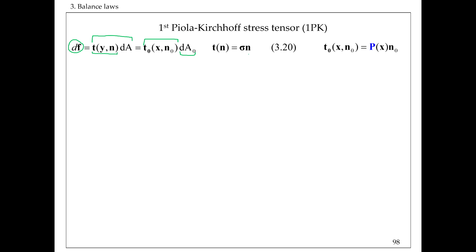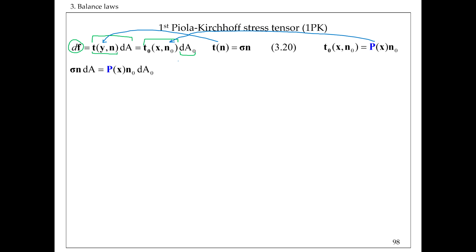And now with that, we're going to basically substitute those terms back into our initial formula, instead of the traction, and instead of the traction in the undeformed configuration. And so then we end up with the formula sigma n da equal to P n0 dA0.